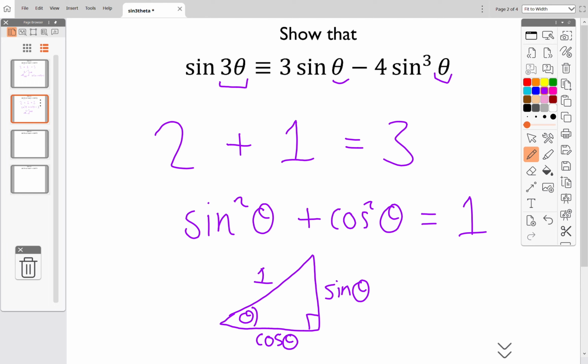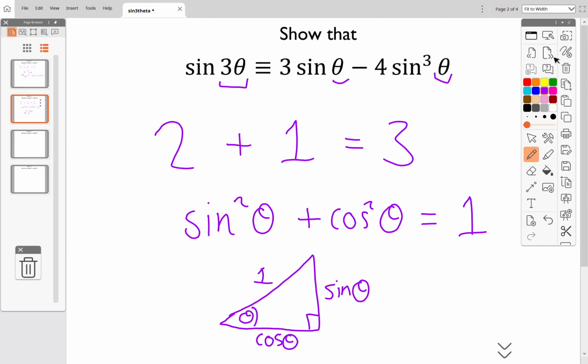Now this comes from the unit circle. This is where sine and cos come from. From that, you can see that because of Pythagoras' theorem, the sum of the squares of the shorter sides is equal to the square of the hypotenuse. So sine squared theta plus cos squared theta is 1.